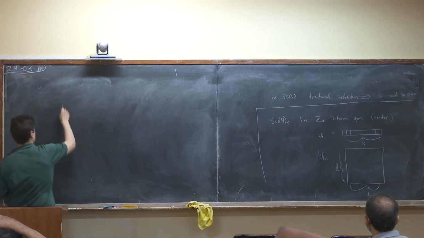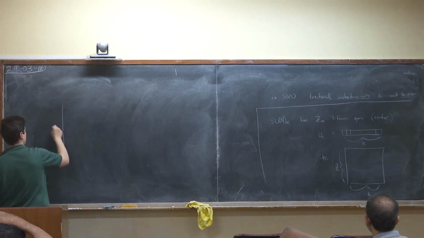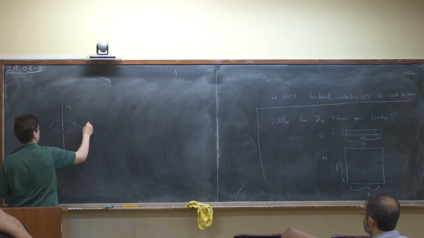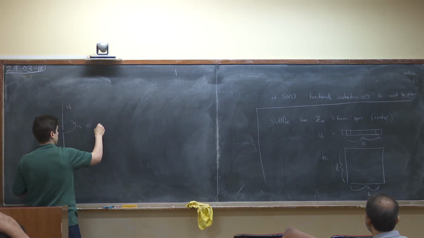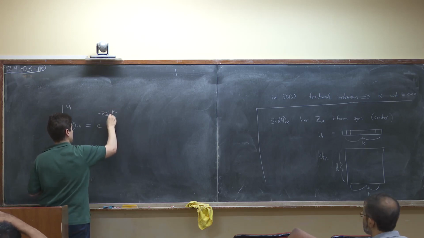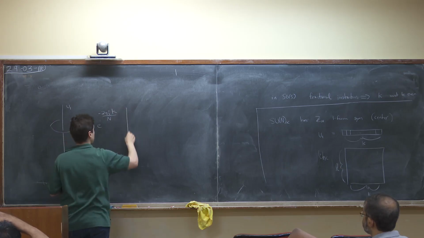So for instance, the braiding of U1 around U1 is e to the minus 2 pi i K over N times U1.